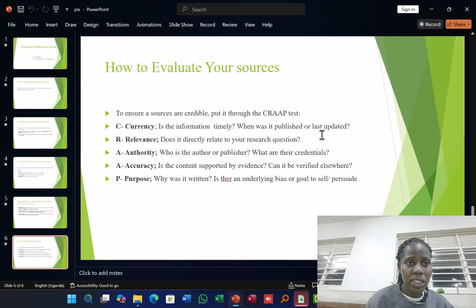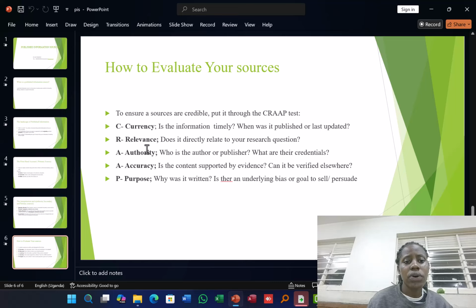For example, right now we're in 2026. You can't use an article that was published in something like 2007 or 2005. That is too old. Some things have changed. For example, say an article talking about the weather condition. The weather changes anytime, so it actually matters a lot.